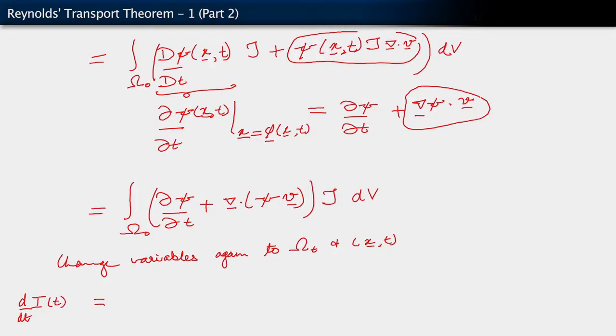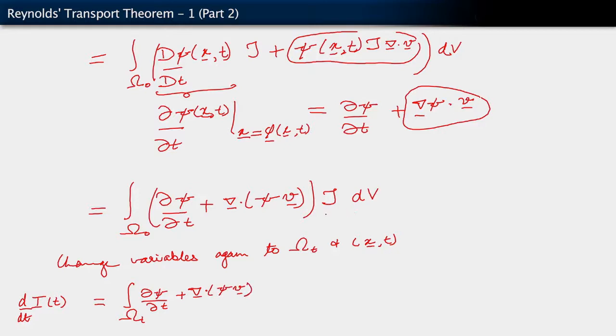So what this does for us now is that we can write this integral once again as an integral over omega t. We have the proper partial time derivative of psi plus this divergence term acting on psi times the spatial velocity.